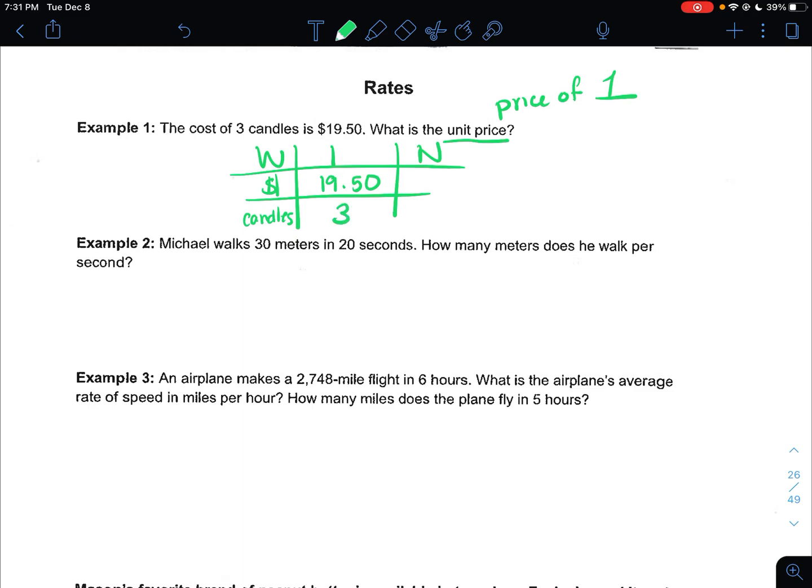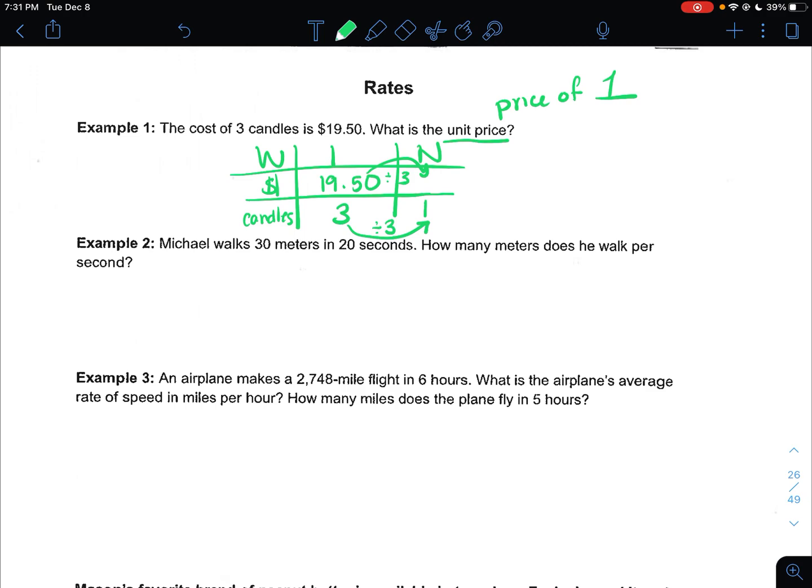So I know that it's $19.50 for 3 candles. So if I want to find the unit price, that's going to be the price of 1 candle. So I'm going to put 1 in my candle row and figure out how to get from 3 to 1. I just want to divide it by itself. And so I do the same thing to the top.